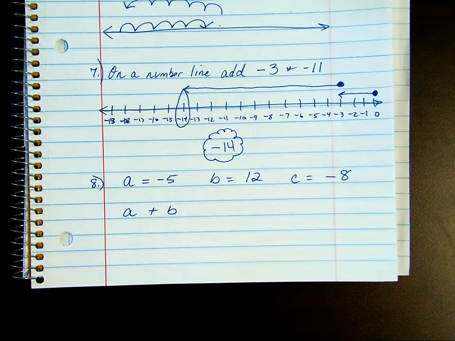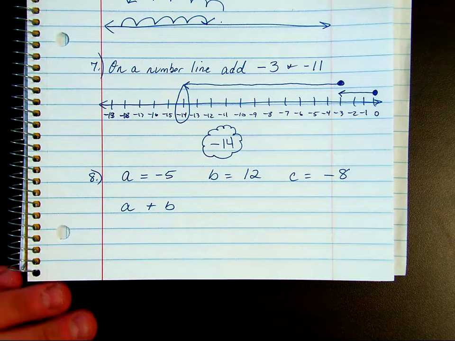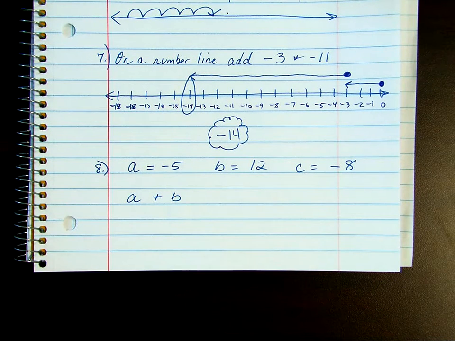So for number 8, I want us to figure out what A plus B is. So what we have to do is exactly what Sean just said. We have to substitute the value for each variable. What's the value of A?